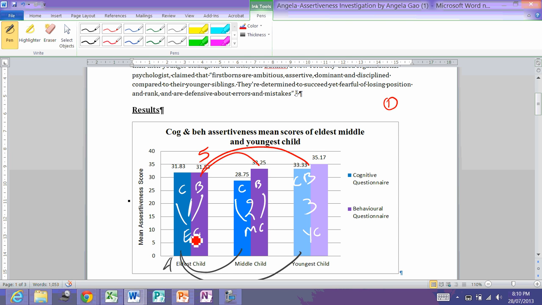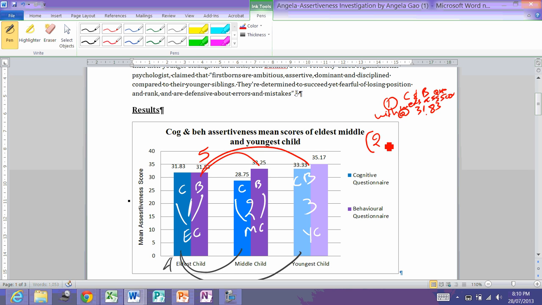For the eldest child, data show that the cognitive and the behavior assertiveness are the same, with mean assertiveness score at 31.83, which means that the eldest child is behaving and acting and knowing what assertiveness is at the same level.